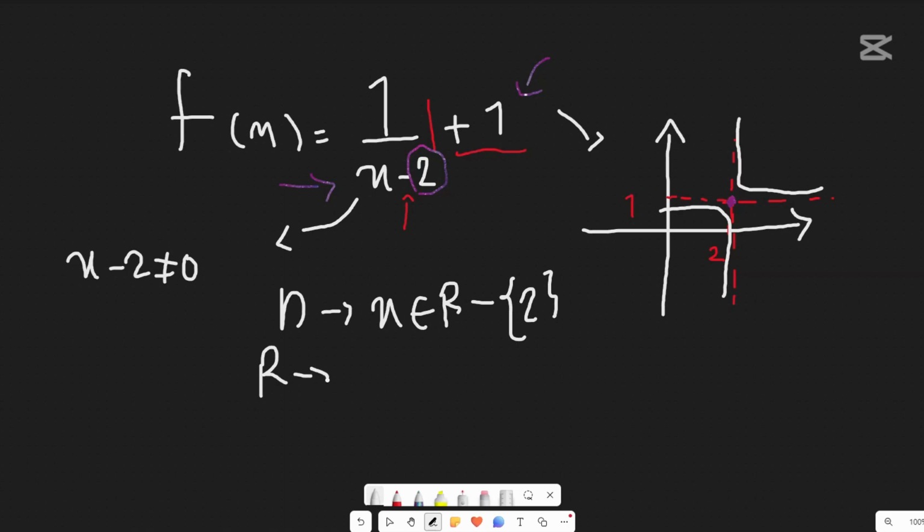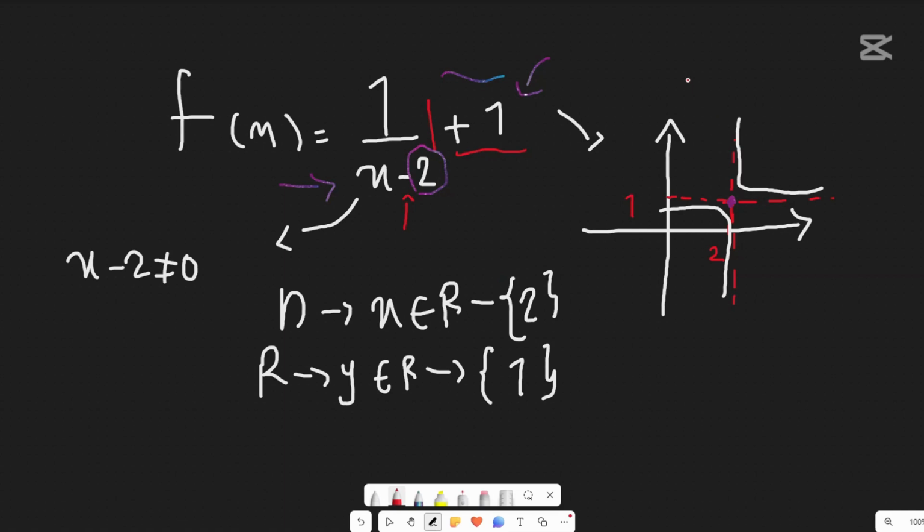Your range is y in R, or all the y values except 1. Again, just take a look at the graph. It never touches y equal to 1. If you don't want to use the graph to find the range, just take a look at this number. Basically, your range is all the y values except that number.